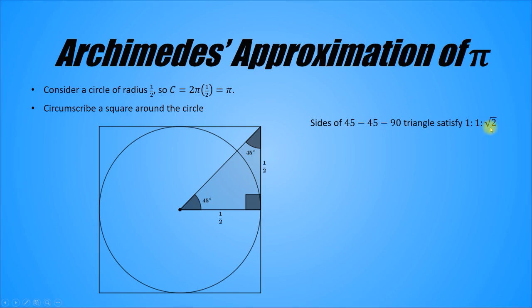That's going to be handy when we look at the inscribed square. So this half here is half the length of one side of the square. So the full length is 2 times 1/2, or 1. Which means that the perimeter of the square is 4 times 1, or 4. And here I've used that fancy notation from the previous slide. So again, this denotes the perimeter of the circumscribed polygon of 4 sides, which is of course the square.